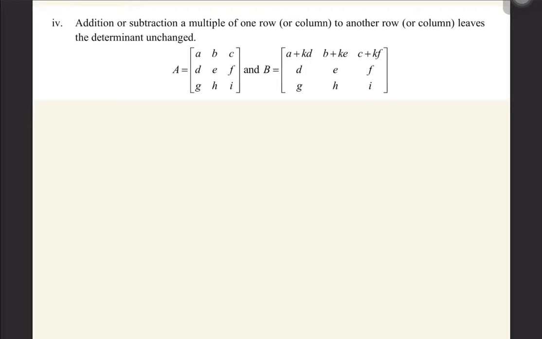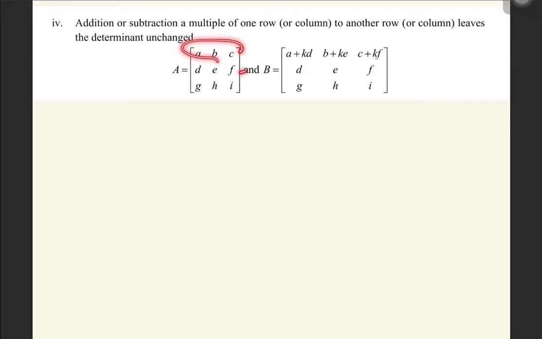So here matrix B is obtained such that the second row and the third row are the same as matrix A. But for the first row here, the first row of matrix B is obtained by an operation which involves row 1 and row 2.